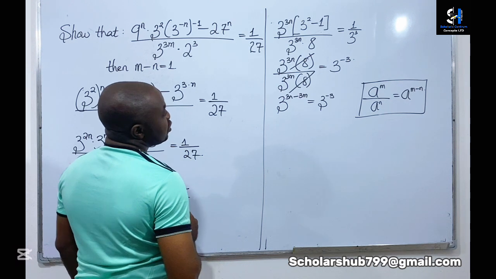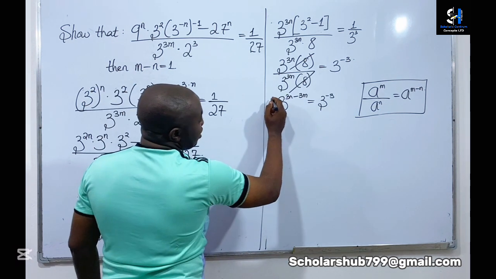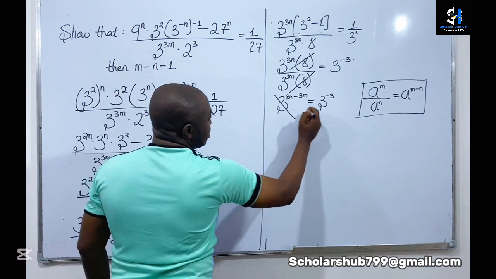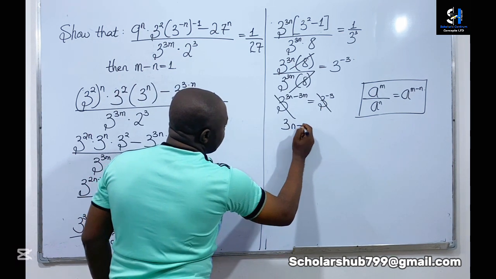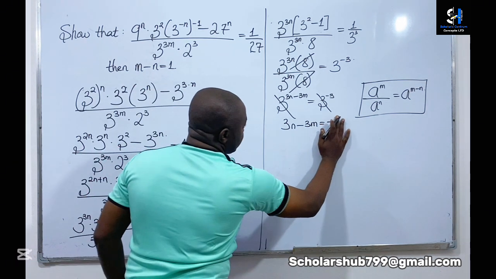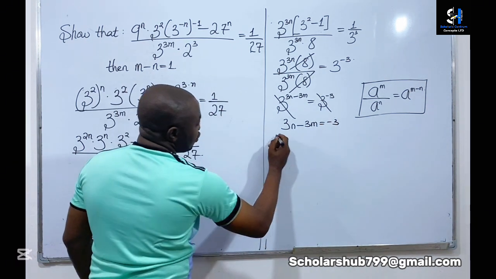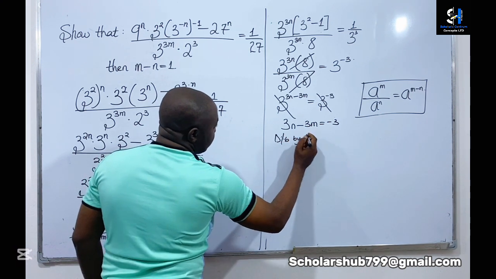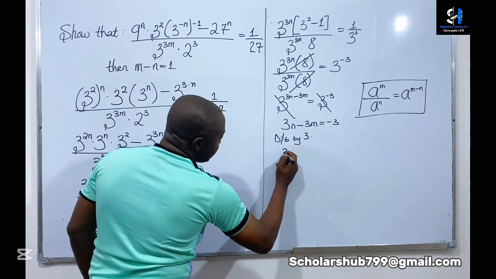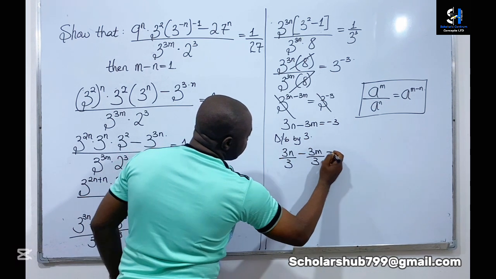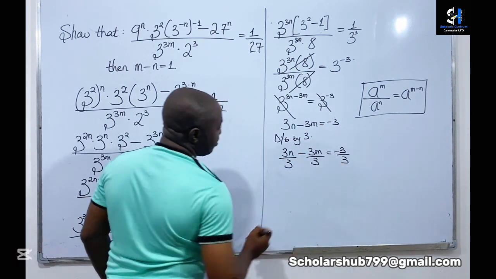All right. So in this case, when we have the same base on both sides, this will reduce to 3n minus 3m equals minus 3. So, dividing both sides by 3, this will be 3n divided by 3 minus 3m divided by 3 equals negative 3 divided by 3.